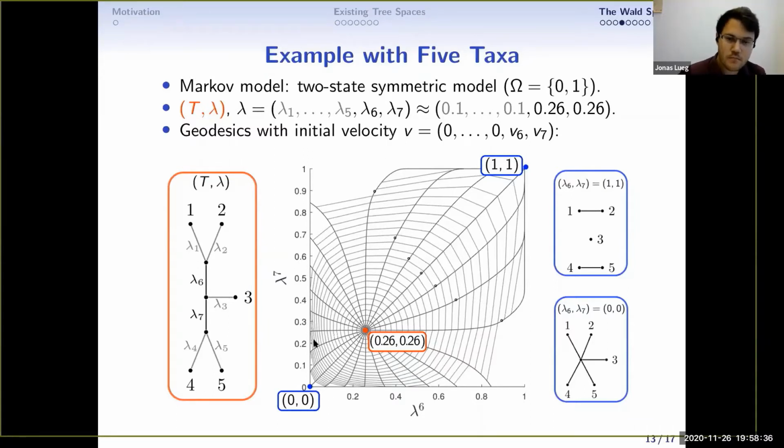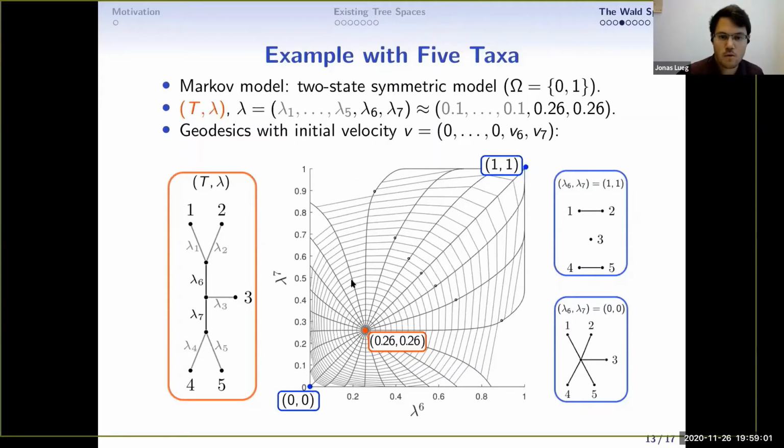Interestingly, if we go in that direction here to the top right corner, we'll end up in the point (1, 1), which corresponds to this forest that I have depicted here on the right side of the slide. And if we go to the bottom left corner, we'll end up with this tree, which is the star tree on the bottom left. And although this might look like this is infinitely far away, it is not.